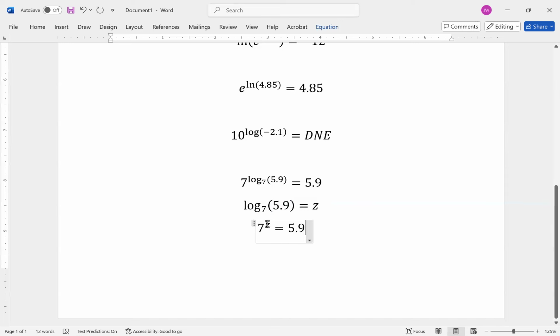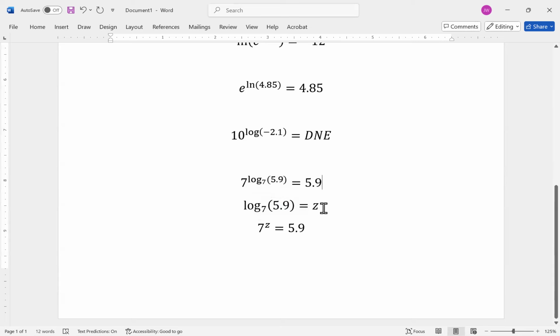So this power is the power where if I take 7 to that power, I get a 5.9. Just replacing the z with what it's equivalent to, which is log base 7 of 5.9, gives me this equation.